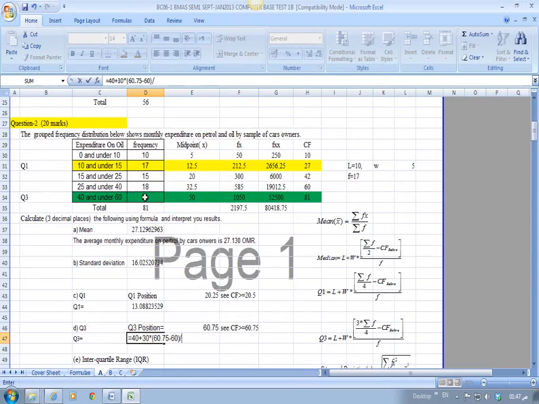The frequency here is 21, then close the bracket, press enter. Now here is Q3.